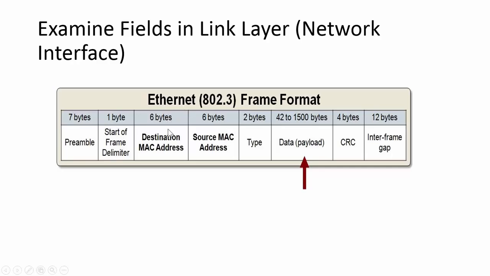Ethernet also adds the destination MAC address and the source MAC address, and this 7-byte preamble, which is a string of 56 ones, just says this is a brand new packet coming in. It marks the beginning of the packet.